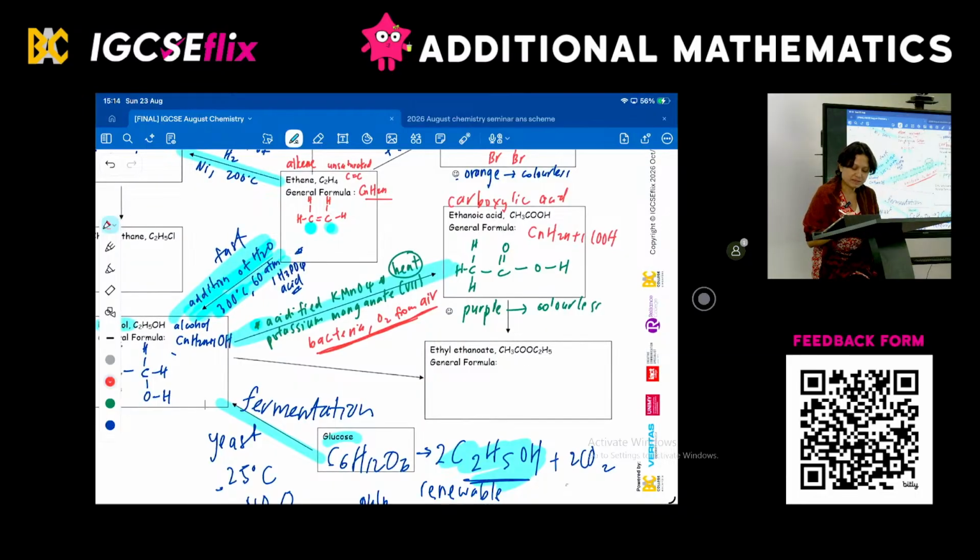Oh dear, I got no space. Okay, what is this one here? This one. Here. Ester. So ester is called esterification, right? Okay, ester uses alcohol plus carboxylic acid, and you use concentrated sulfuric acid and heat it up.